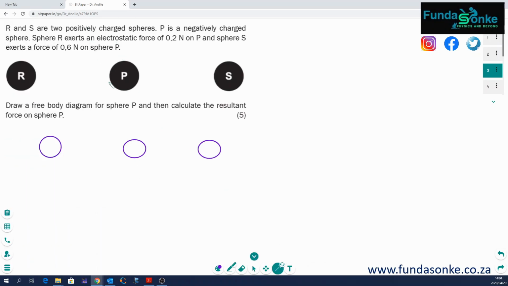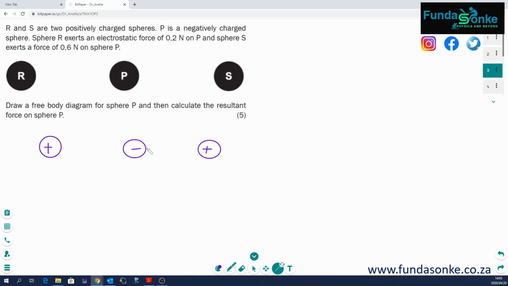Then we are also told the charges of the individual spheres. So we know that R is positive, P is negative, and sphere S is also positive. So we know that opposite charges attract.